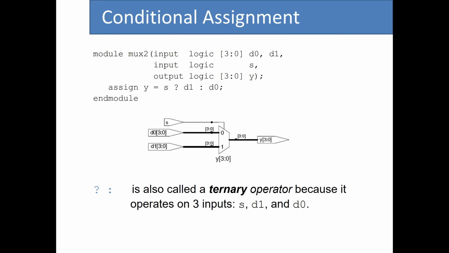So let's create a 2-to-1 multiplexer here. We have module and endmodule again. The name of the module, we call it mux2. And as for the inputs, we have input logic 3:0, D0 and D1. So we have these two inputs, each having 4 bits.